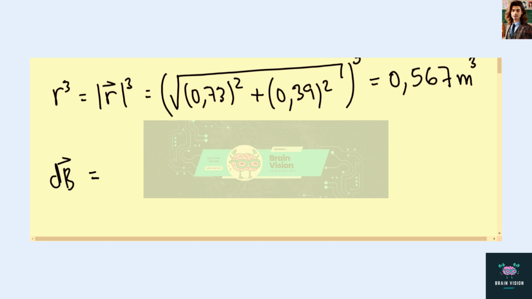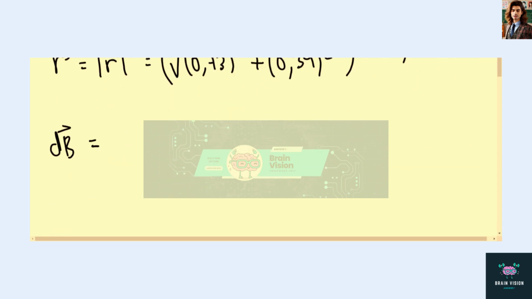So with this, we can just plug all of the information in the differential of the magnetic field, vector of the magnetic field. So we will have mu sub 0 over 4 times pi.